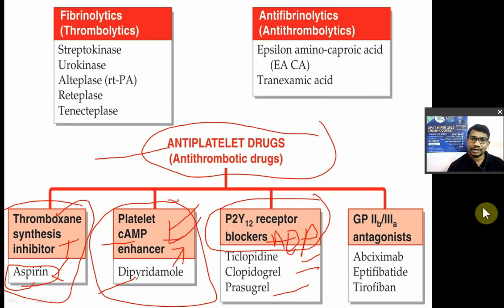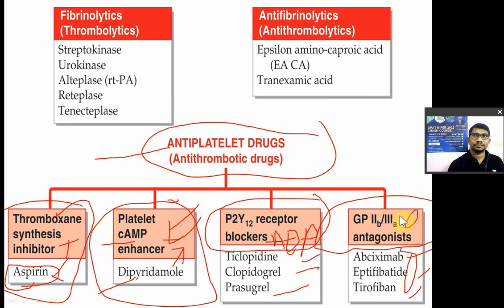The fourth class of antiplatelet drugs is the glycoprotein 2B3A receptor antagonist. In that you have abciximab, eptifibatide and tirofiban. These three drugs are known as glycoprotein receptor antagonists. They will prevent the attachment of platelets to the exposed collagen of your blood vessel. अगर आपके ब्लड वेसल में कोई कट आता है तो वहाँ पे आपका कोलेजन रिलीज होता है.